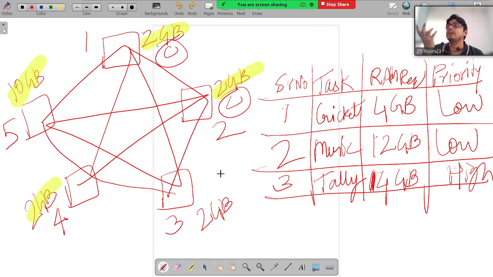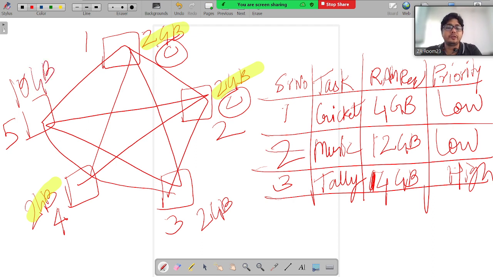So this is one main benefit of grid computing. When we set the high priority, the low priority work will get suspended or cancelled and make room for high priority work. Understood? So what will happen here? To get 14 GB, this part will get cancelled.